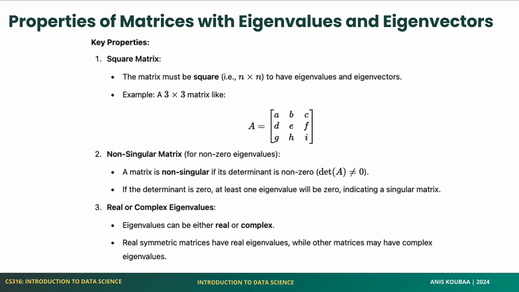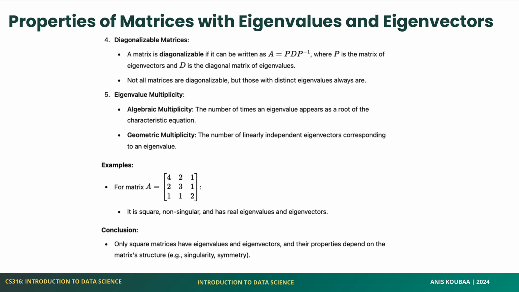We made an example. The property of eigenvalues and eigenvectors are applicable for diagonalizable matrices. It means that our matrix can be converted into a diagonal matrix. A diagonalizable matrix means A can be written as P multiplied by D by P minus 1.